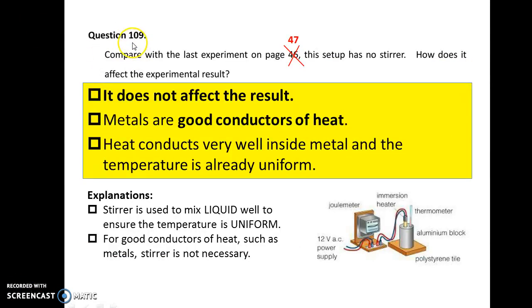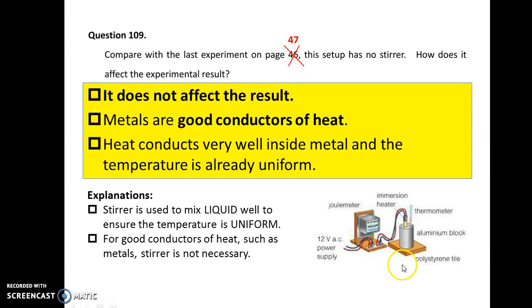Question 109. Do you notice that in this setup, there's no stirrer? So, would it affect the experimental result? The answer is no, it would not affect the result.